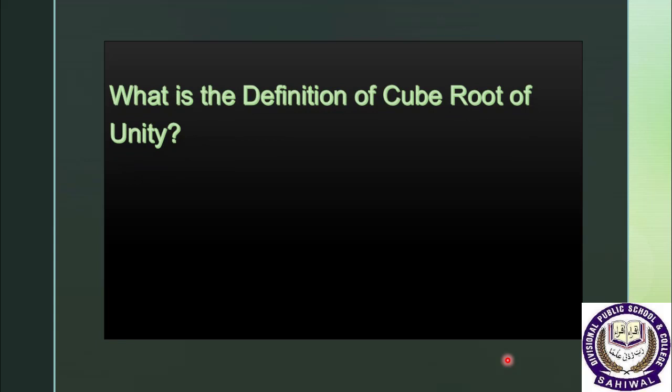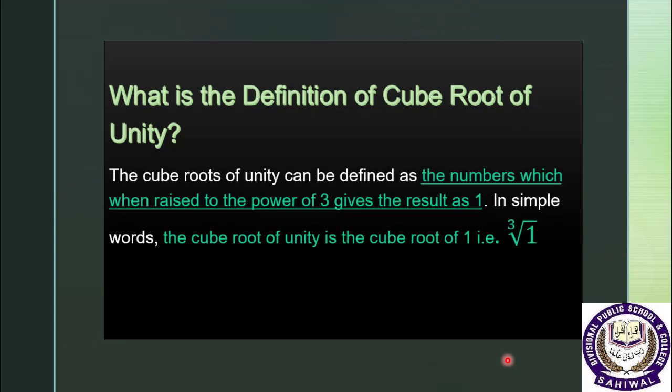So we can define the cube root of unity as the number which when raised to the power of 3 gives the result as 1. Simply, the cube root of unity is the cube root of 1.